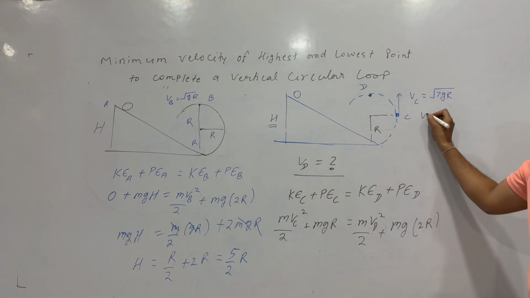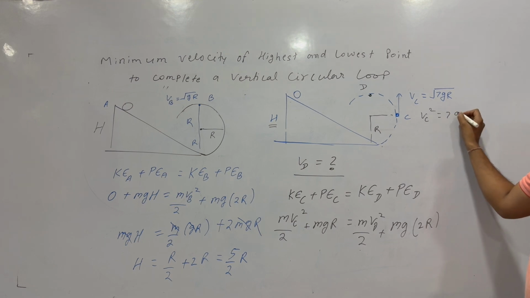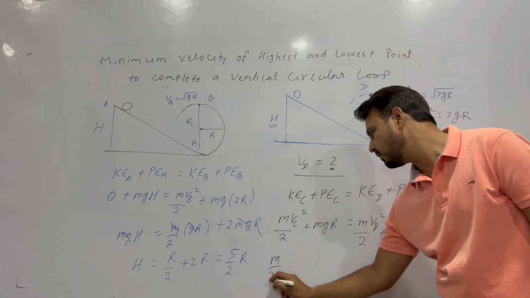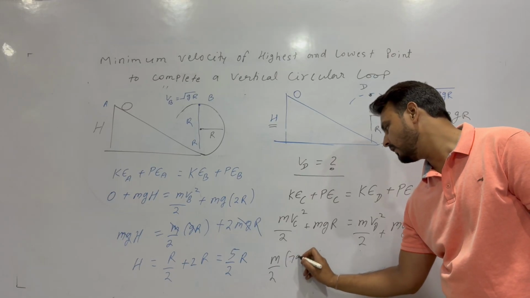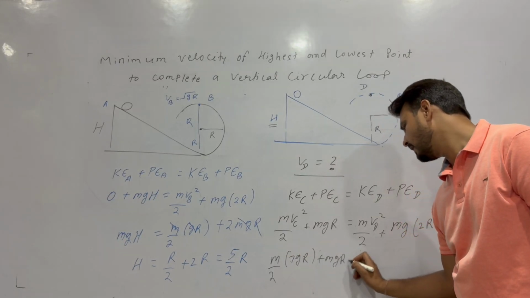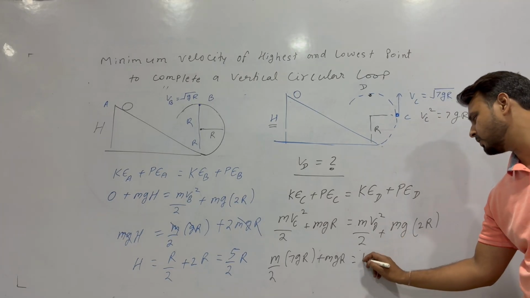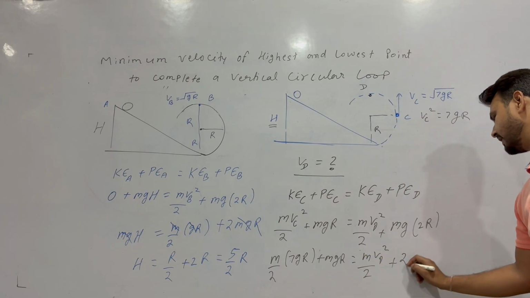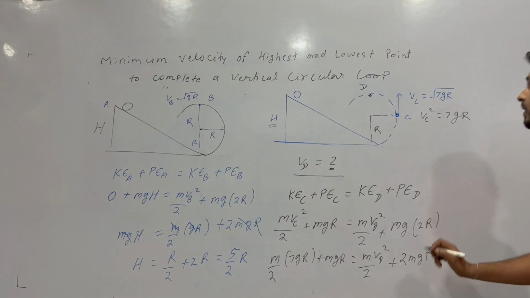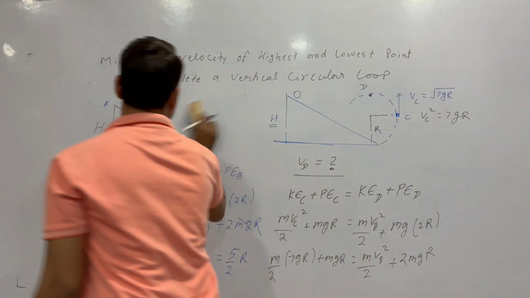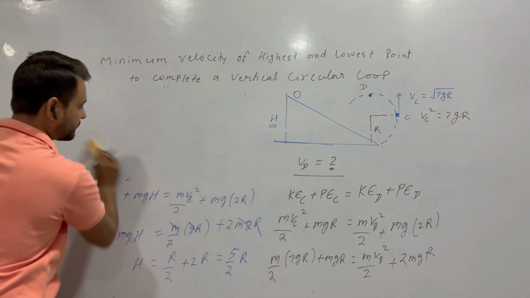Putting the value of vc square, which is 7gr, over here, we can get m by 2 into 7gr plus mgr will be equal to mvd square by 2 plus 2mgr. Now multiplying by 2 on both sides, we can get the final answer.